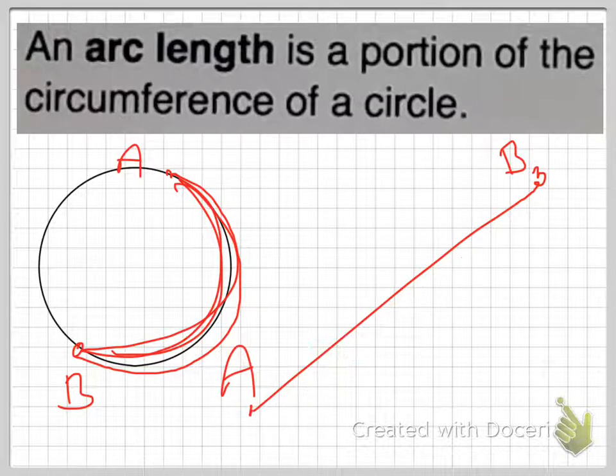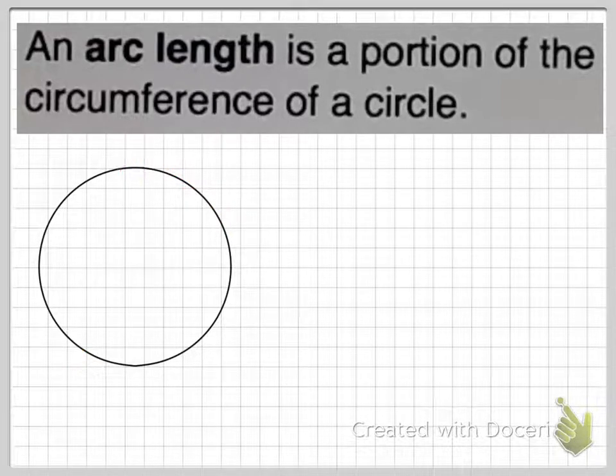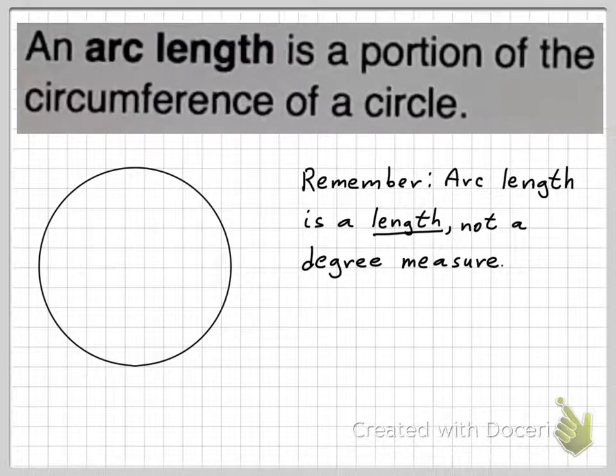It is a one-dimensional distance measured in feet, inches, yards, meters, centimeters, things like that. It's the distance around a part of a circle, as opposed to arc measure, which is in degrees. So remember, arc length is a length, not a degree measure.